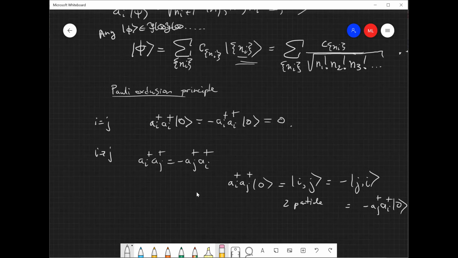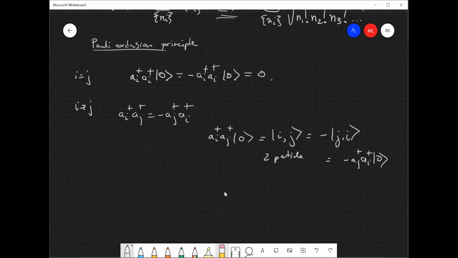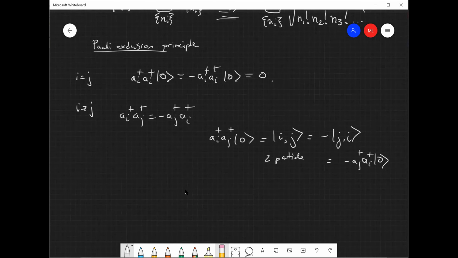What else? And of course, you know that you can change basis for these creation and annihilation operators and move between different sets of single particle states. Again, those things are done by just unitary transformations, where these matrix elements are just the inner products between the single particle states.